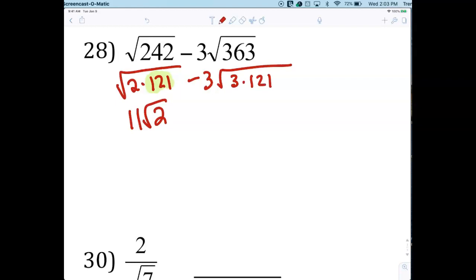What's the square root of 121? So that's exactly correct. Can I simplify that? No, I cannot simplify that. One's a radical 2 and one's a radical 3. You can't combine them. Good?